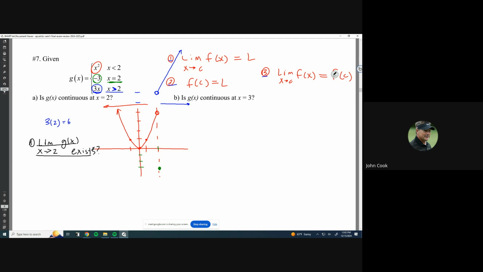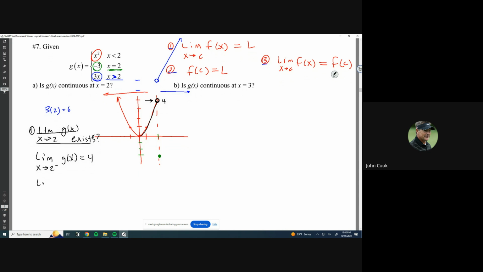Well, does the limit exist at 2? For the limit to exist, the left and the right-hand limits need to be the same. But you can see that as the graph goes from the left-hand side over to x equals 2, the value that it goes to, right there, is 4. So the limit as x goes to 2 on the left-hand side is going to end up going towards 4.